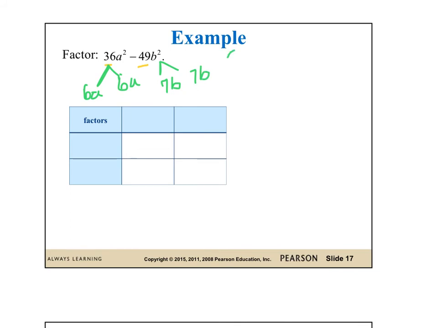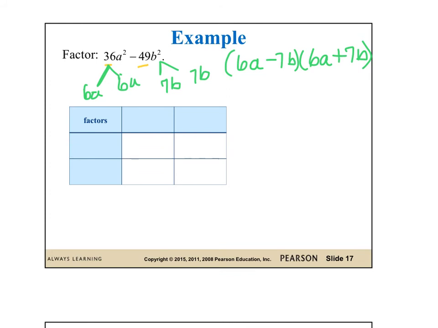And so in our two sets of parentheses, we'll start out with 6a. And for our second term, we will go with 7b. And put different signs between them.